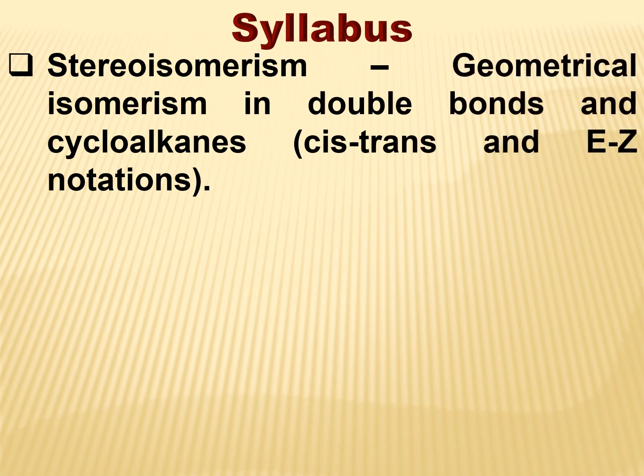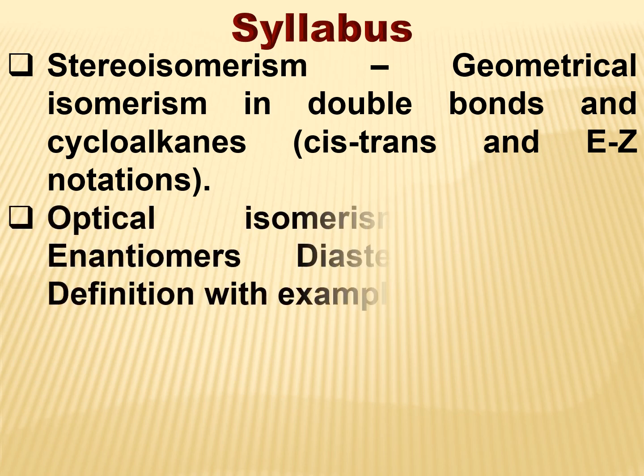Then you have stereoisomerism, where we will be discussing about geometrical isomerism first. And in geometrical isomerism, we will be seeing the EZ system of naming. How geometrical isomers can be named using the EZ system.